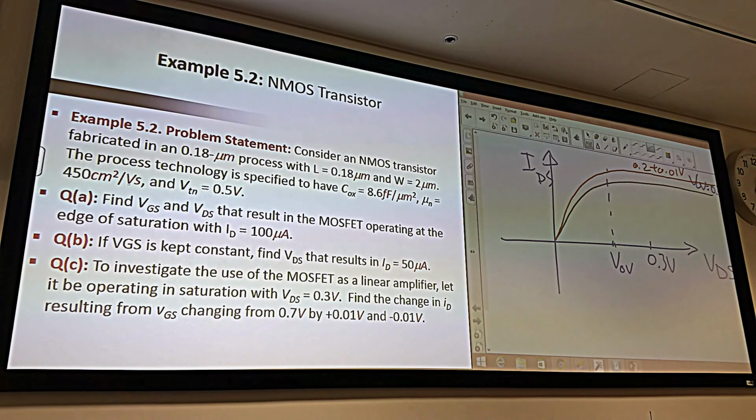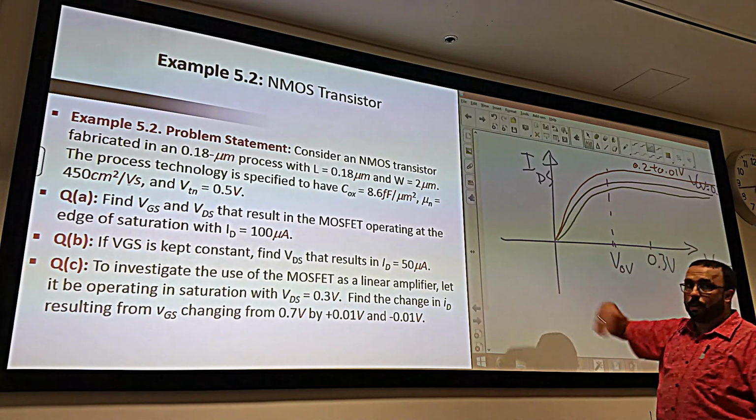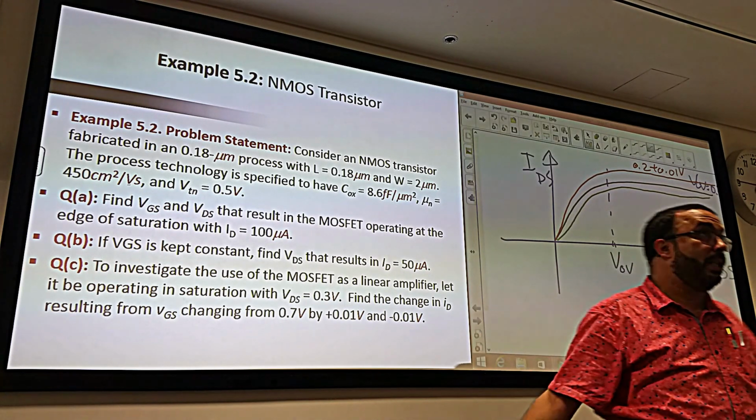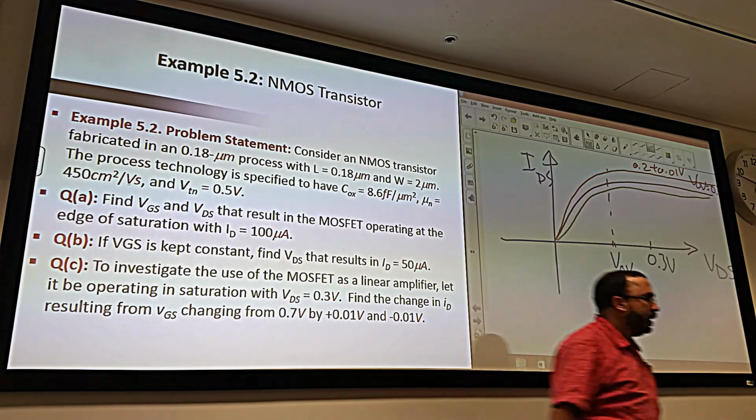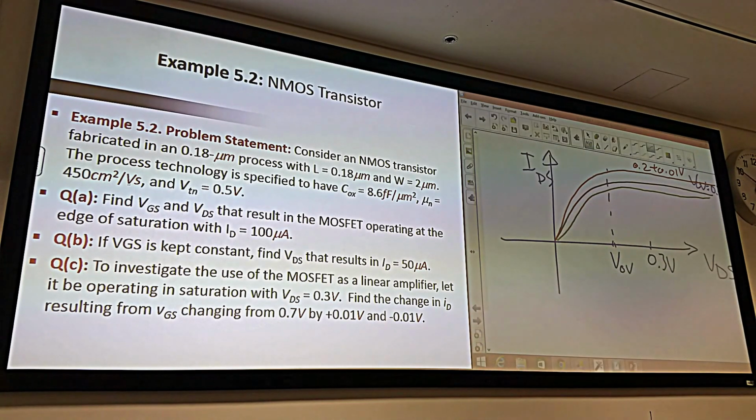And if the overdrive changes by minus 0.01, it will be in a lower curve also. Why? Because ID in saturation is proportional to the overdrive squared, yes or no? If it increases, it will be squared. So it has to decrease, and we are on a curve where the overdrive is 0.2 minus 0.01.